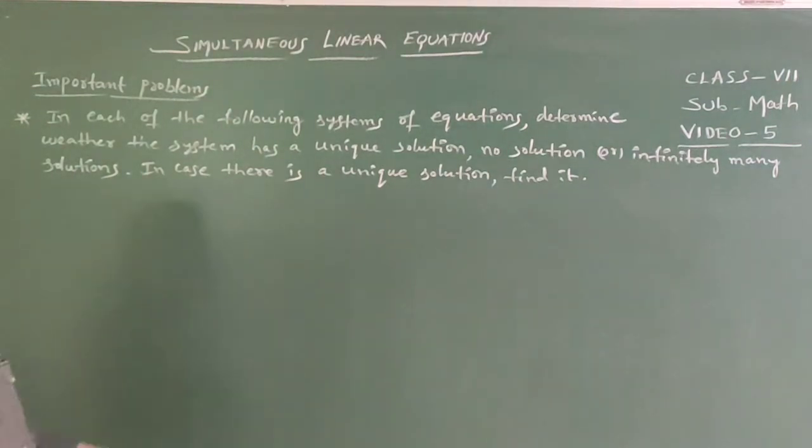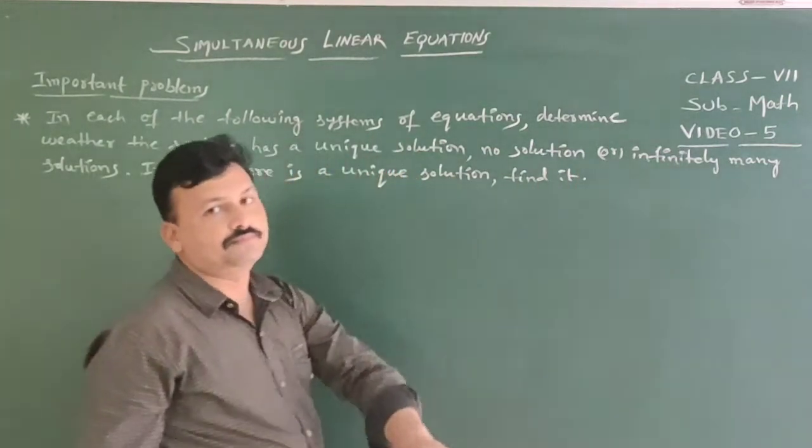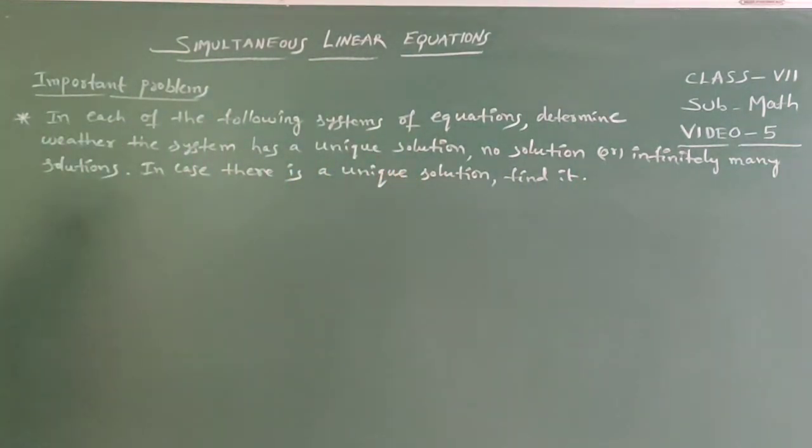And in case there is a unique solution, find it with the help of any method. We have three methods. In the previous three videos, we have learned three methods: substitution, elimination, cross multiplication, your wish. By using any one of the methods, we can solve the given equations.